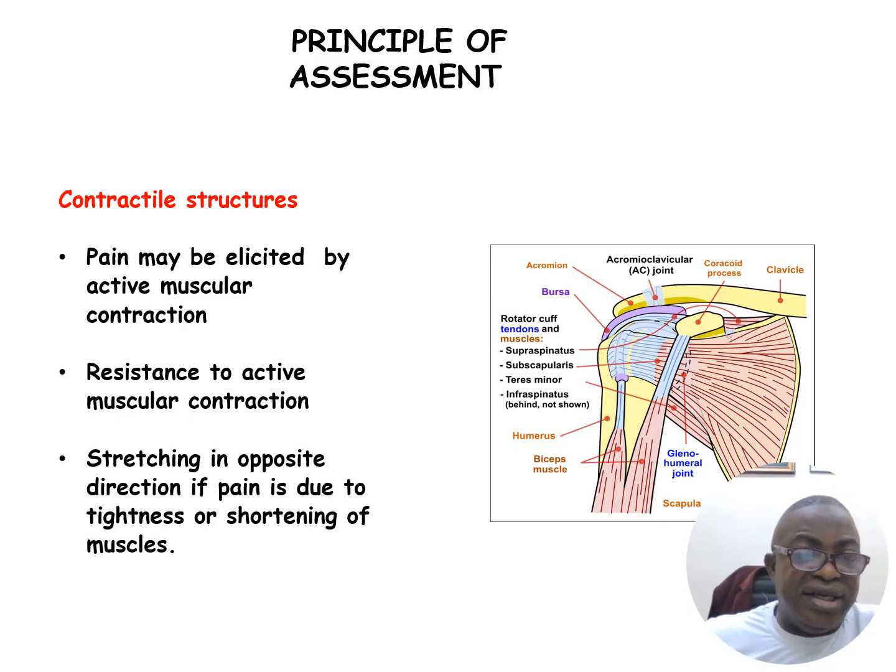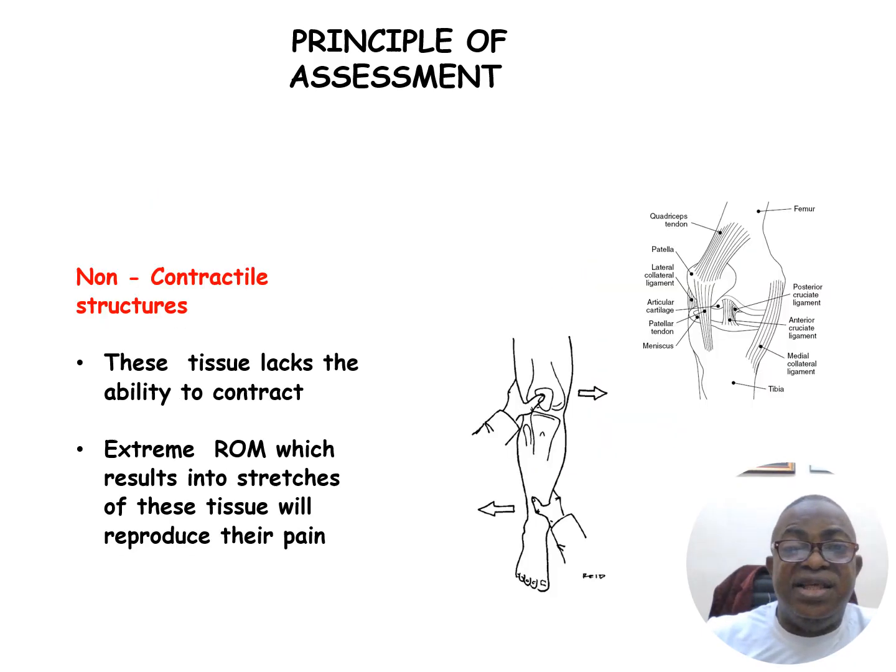So lesion generally in contractile structure can come when the contractile structure contracts, or when resistance in form of isometric contraction is put on the contractile structure, or when the contractile structure is stretched in the opposite direction to shortening if there is any adhesion. And for the non-contractile structure, it's quite easy. The lesion within non-contractile structures like ligament, like bursae, they are usually detected with Cyriax technique by using passive movements.